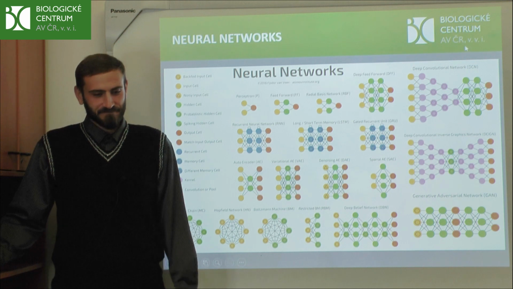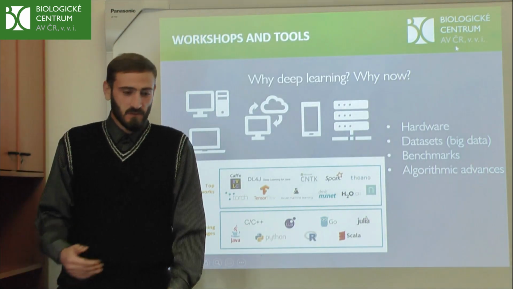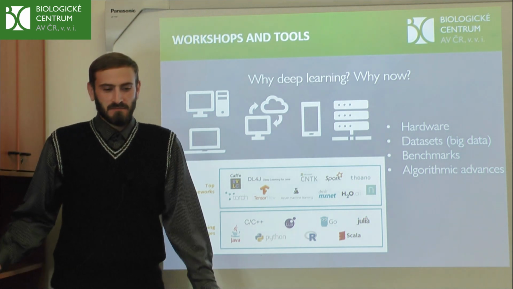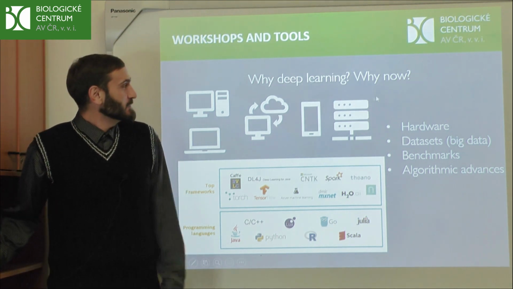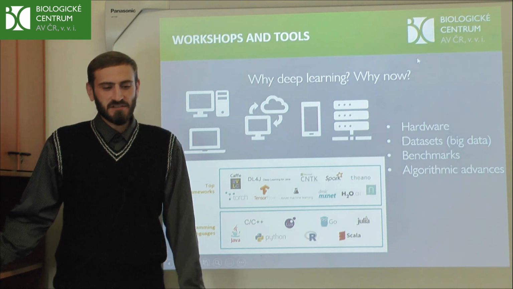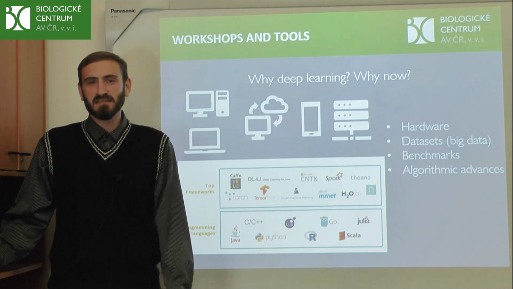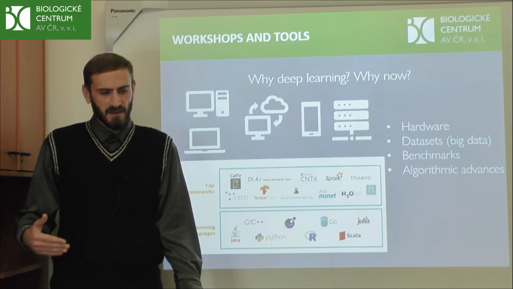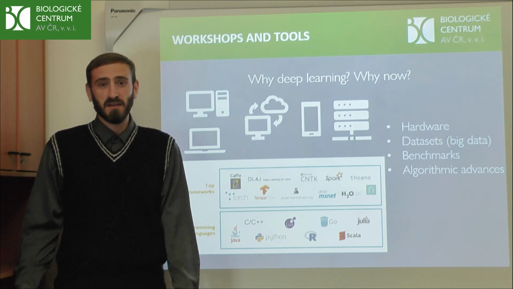So that's it. We also should answer the question: why deep learning, and why now? It's because the field of artificial intelligence is guided by experimental data and findings rather than theory.